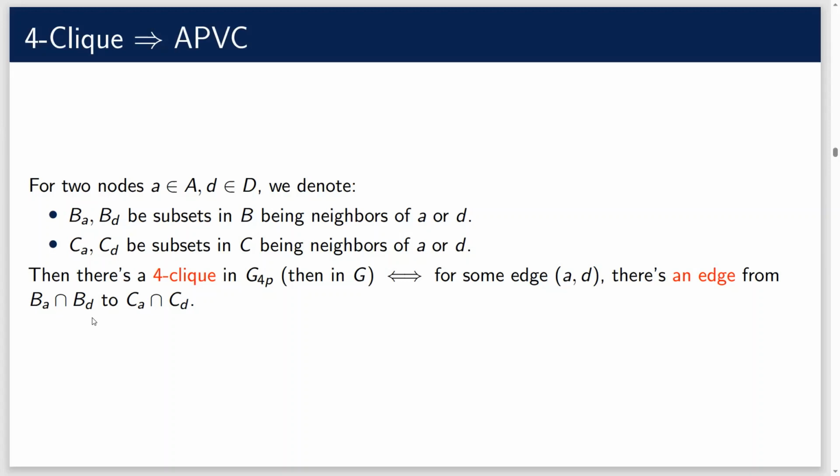By the definition of B_a, B_d, C_a, and C_d, we know that the pairs ab, bd, ac, and cd are four edges. And we suppose ad is an edge, and there's an edge from b to c. Therefore, there is a Four-Clique with six edges, and we can prove this conclusion.